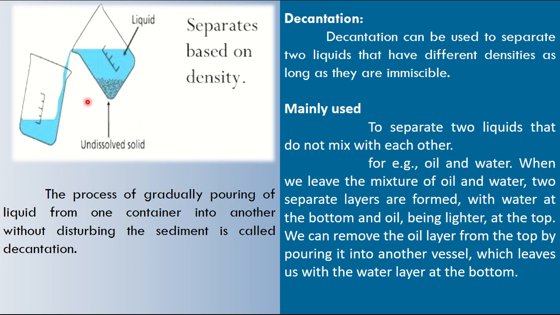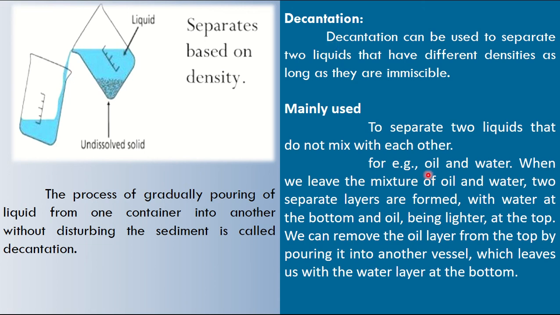Here, if we look at this picture, gradually we are pouring liquid from one container to another container without disturbing the undissolved solid, which we can also call a sediment. So without disturbing this sediment, we are separating the liquid from the sediment. This process is known as the decantation process.